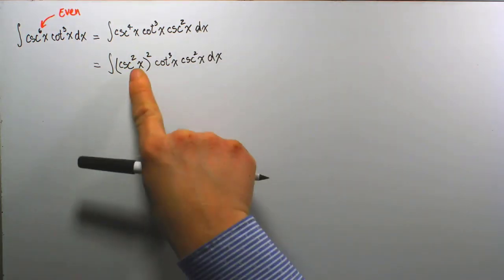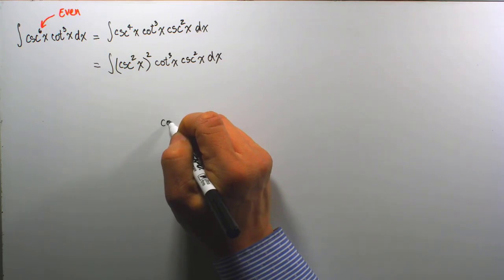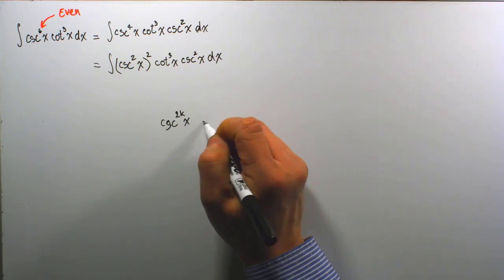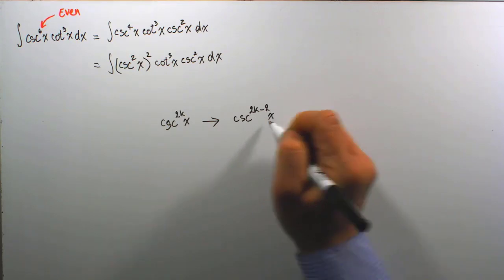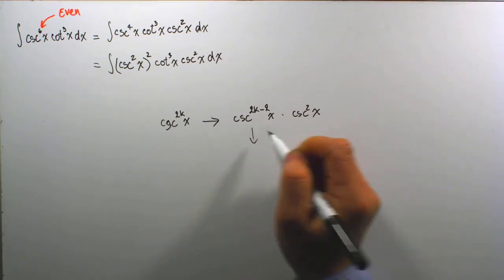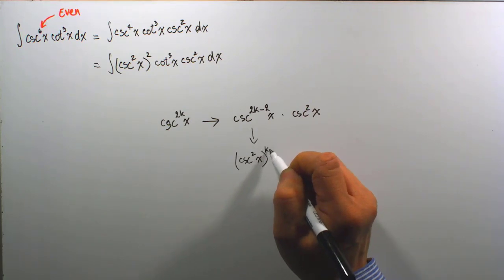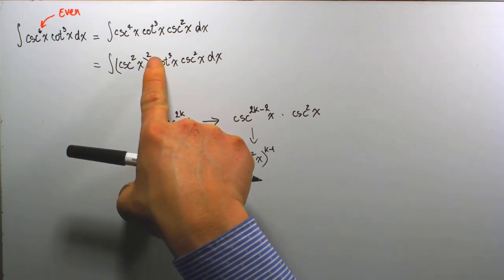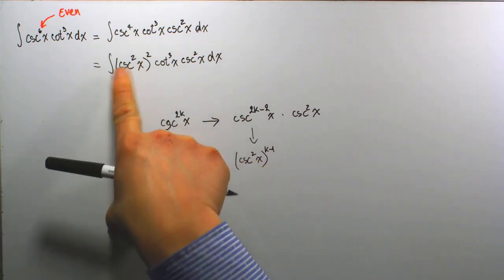This is exactly what I have given in the general video lecture: with our cosecant being to some 2k power, we can rewrite that as a cosecant to the 2k minus 2 of x multiplied with a cosecant square of x, and from there we turn this into a cosecant squared of x raised to the power k minus 1. That's what it is right here. In this case, we don't even have to know what that k is. The point is we extracted out a square that we put inside the parentheses.